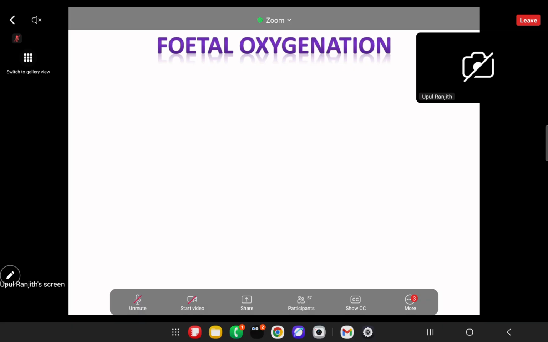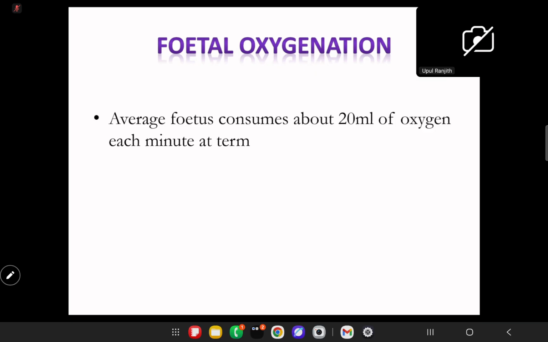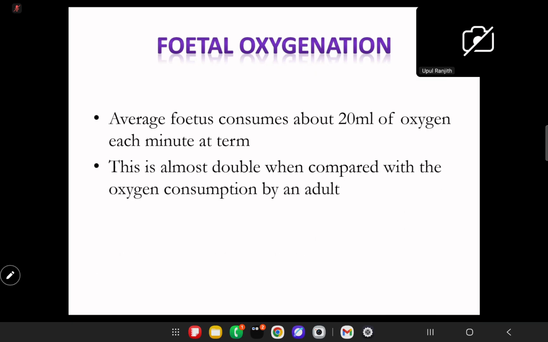Then fetal oxygenation. The average fetus is about 3 kilograms at birth, but will consume about 20 ml of oxygen each minute, right?